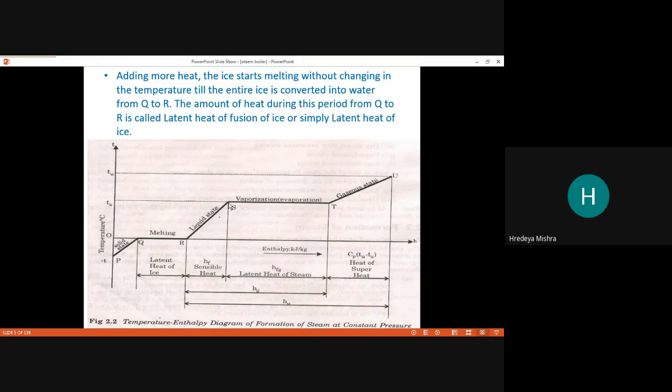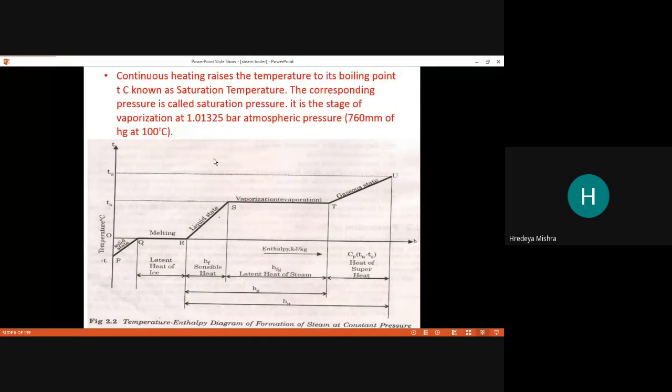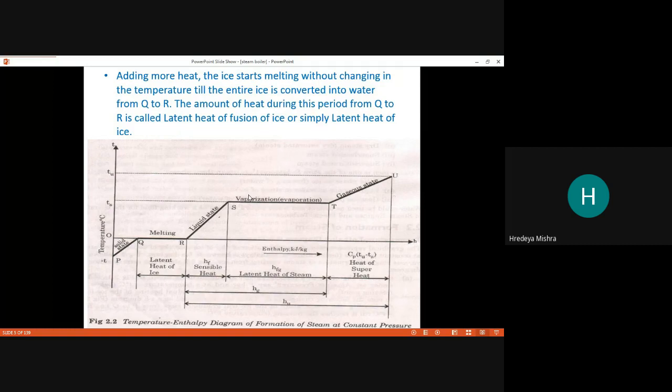At S, phase change starts, means the liquid stage starts converting to the vapor. So what happened here?